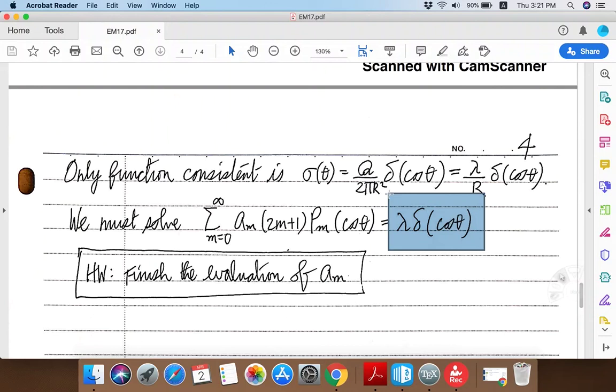Again, the final task of solving for these coefficients a_m is left as a homework exercise, because this again refers back to your background in mathematical physics and the theory of special functions, which are necessary mathematical backgrounds to study electrostatics.